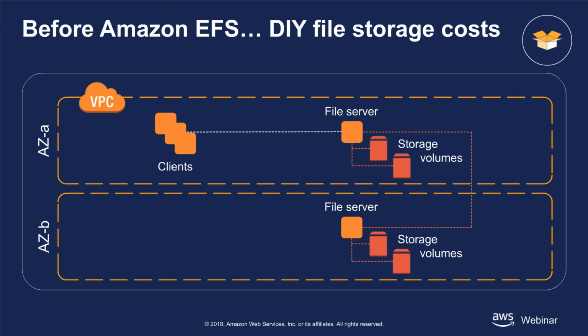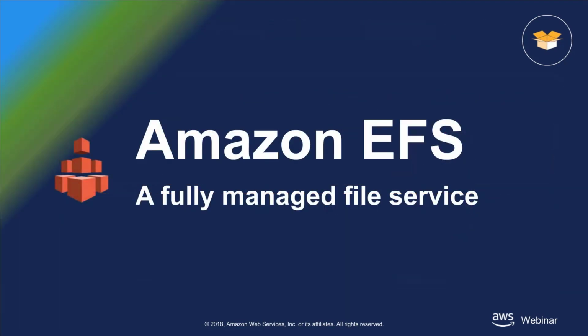And to make sure you have availability and redundancy, you'll have to do that once again in another availability zone, which means network transfer costs between AZs need to be taken into consideration as well. And all of this comes with the complexities of the initial setup and the long-term challenges of maintaining and dealing with any technical problems that might come up. And this undifferentiated heavy lifting keeps you and your teams away from doing the things that really provide value to your business.